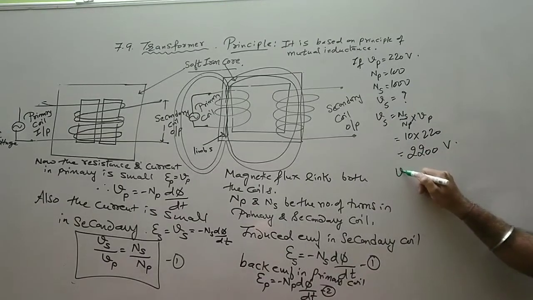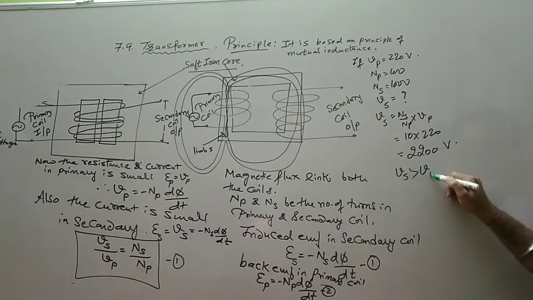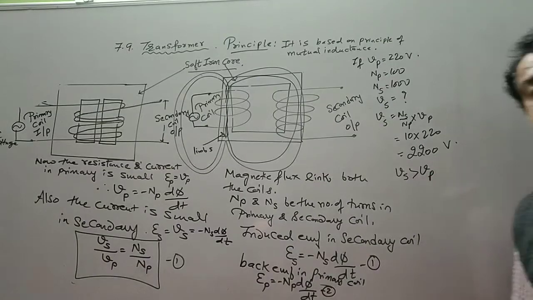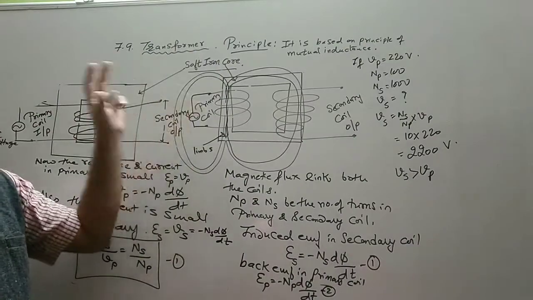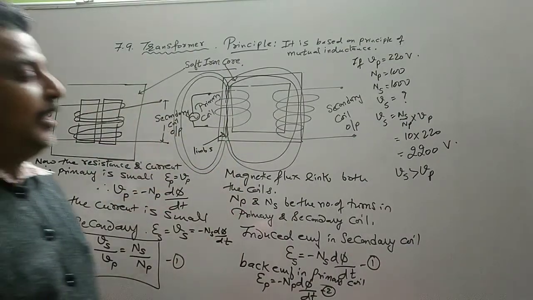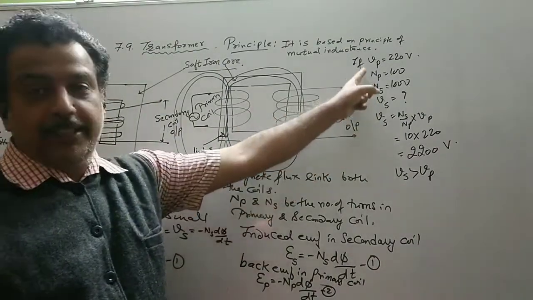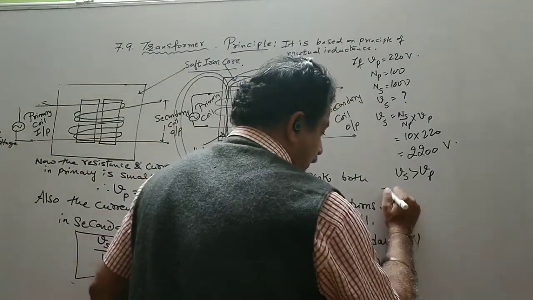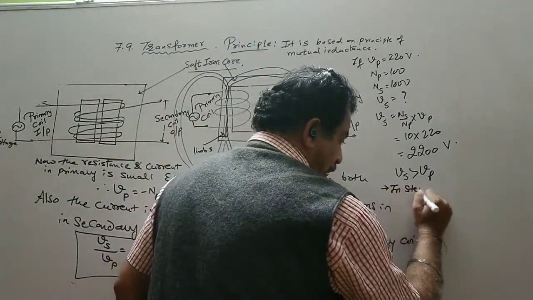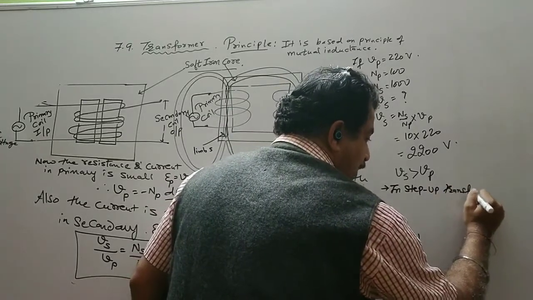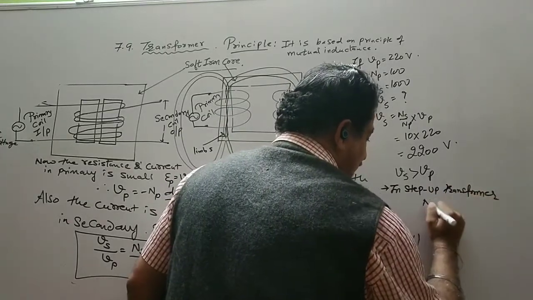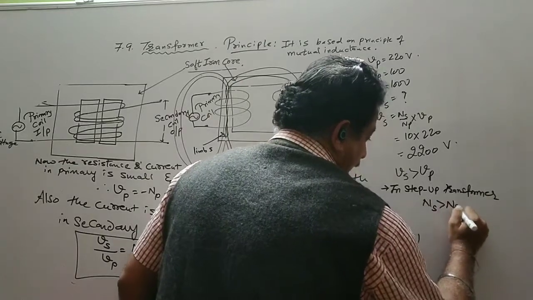So in this case Vs is greater than Vp. So this is a step-up transformer. So if you want to make a step-up transformer, Ns should be greater than Np. So for a step-up transformer, Ns is greater than Np.